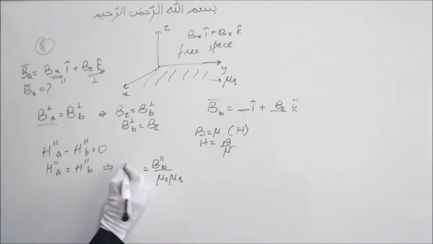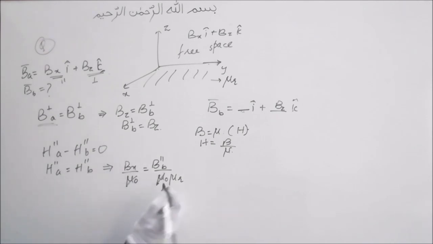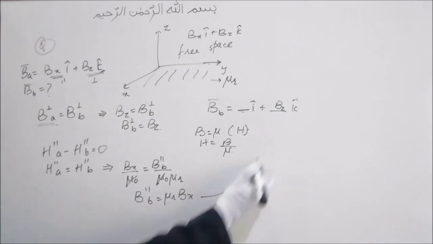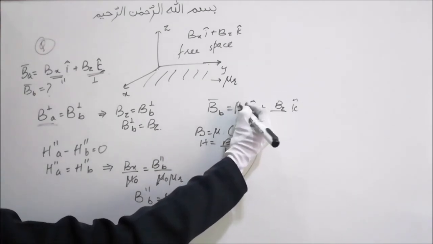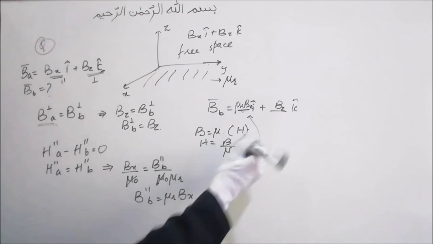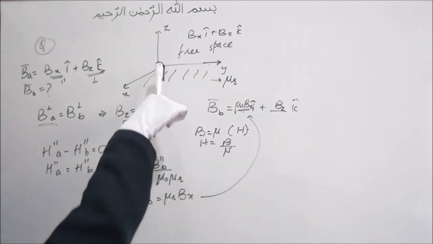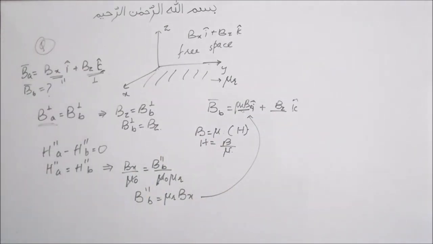So mu naught and mu naught cancel, and we'll have B parallel below is equal to mu r into Bx. Put this value here, and the parallel component below is mu r into Bx. So this is the magnetic field in the magnetic material: mu r Bx i hat plus Bz k hat.